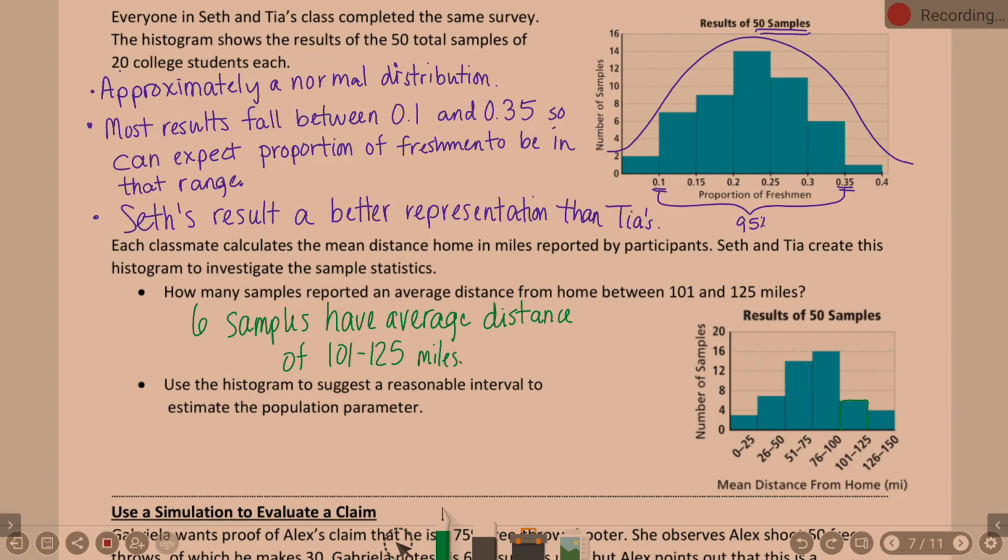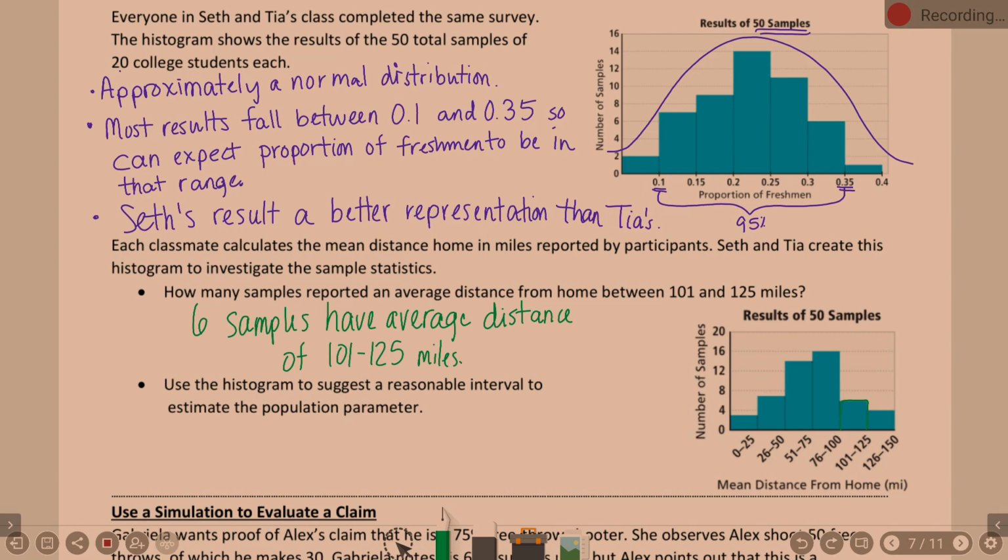Where does the majority of the information lie? Okay. We've got our highest bar from 51 to 100, yes. However, there's another tall bar right next to it, yes. If we think in terms of the normal distribution curve, where is the bulk of that information?